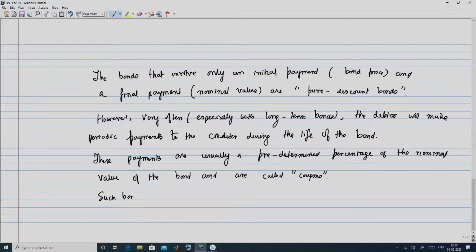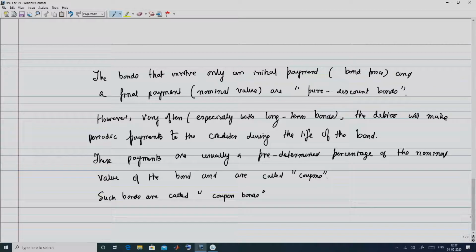So, here the coupon payments are 10% of the nominal value of 100. So, a coupon bond involves coupon payments in the intermediate time points, and at maturity there are two things that are paid: the final coupon and the nominal value. So, naturally such bonds are called coupon bonds.